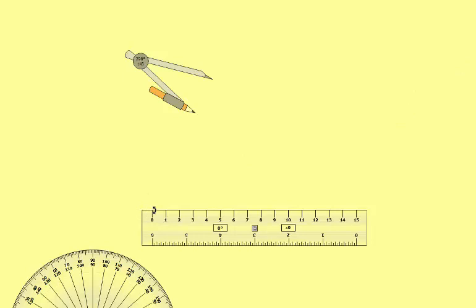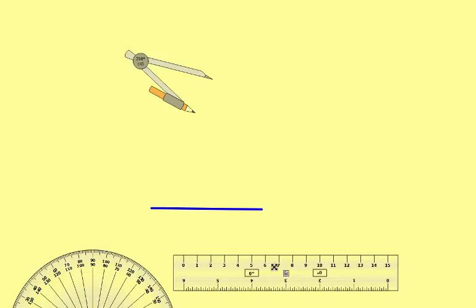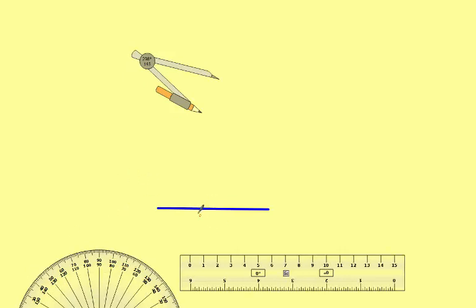So 8 centimeters. That is 8 centimeters, and the line is PQ.